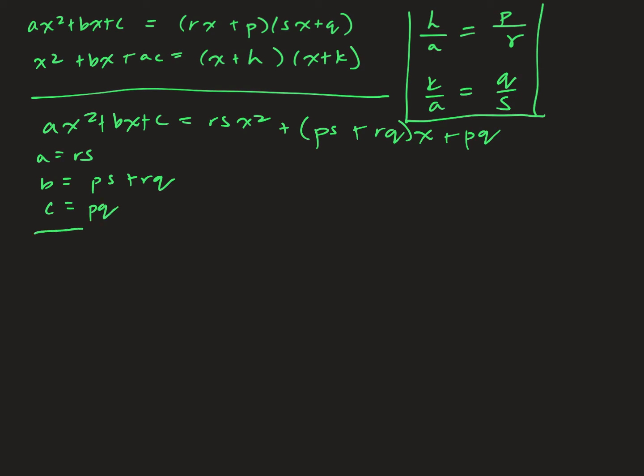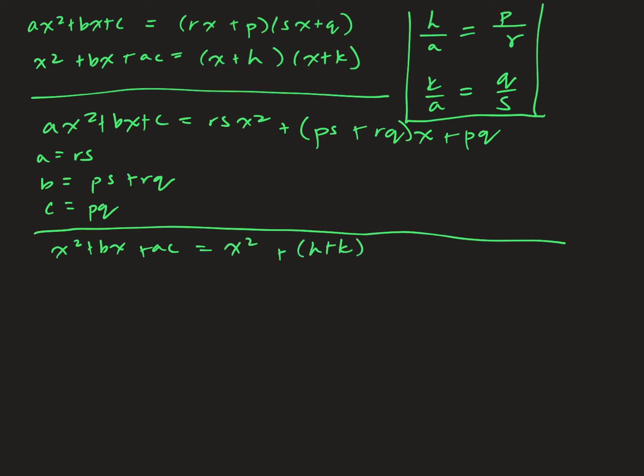All right, now let's do the same kind of deal with x squared plus bx plus ac. So we know that this expands to x squared plus H plus K x plus HK.